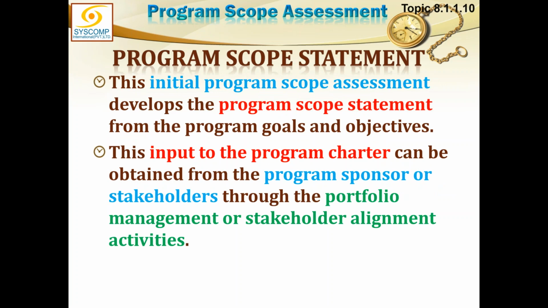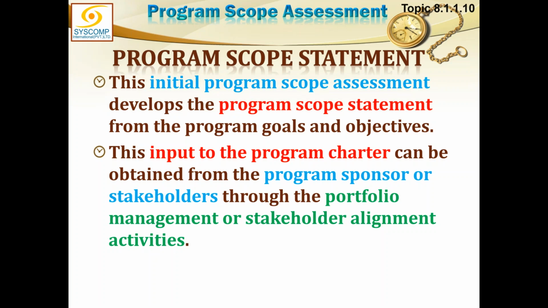This initial program scope assessment develops the program scope statement. Just like we used to have the project scope statement, here we need to have a program scope statement. The only difference is the program scope statement looks at the benefits. So what benefits are within the scope from the program goals and objectives?